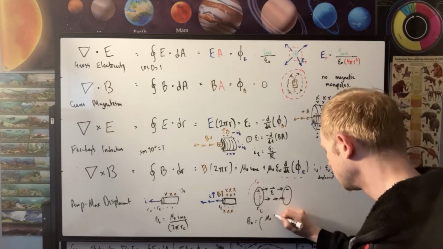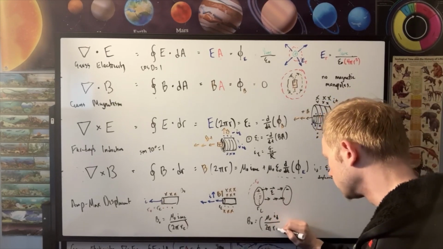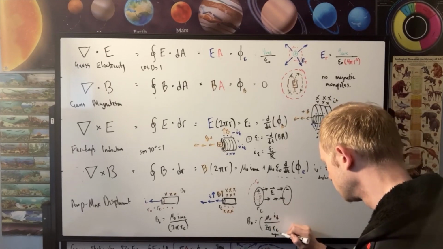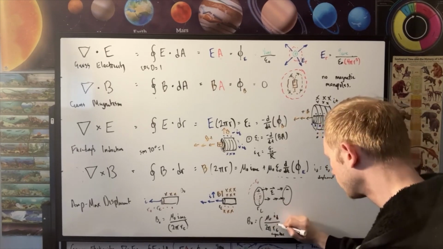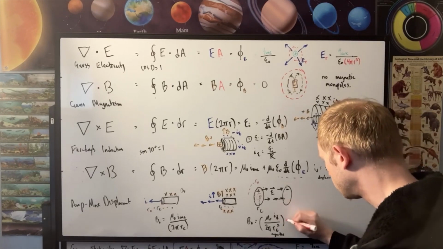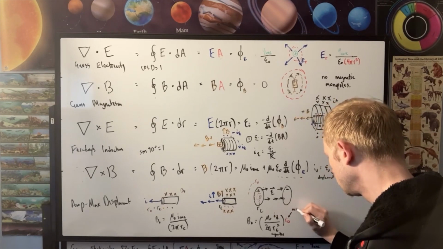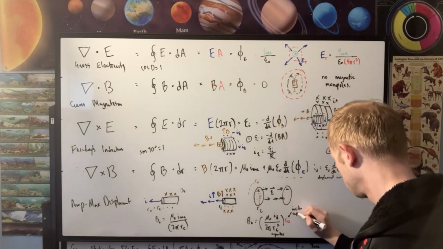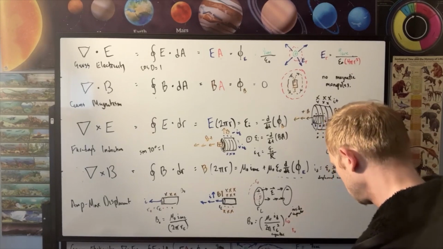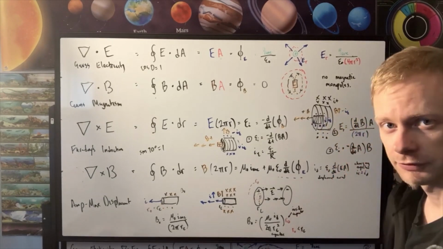It'd be mu naught ID divided by 2 pi RC, that's the capacitor radius there, squared. And then you'd have to multiply that by the R naught. And this is if you're inside the capacitor, or R naught is actually less than RC. You can use that equation.